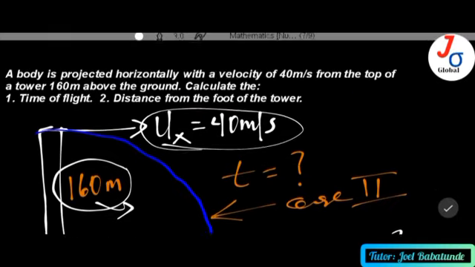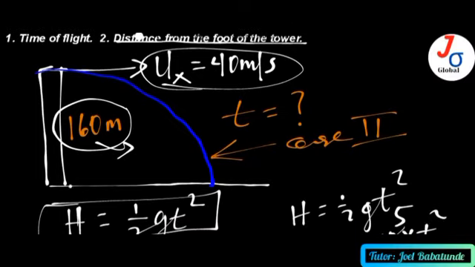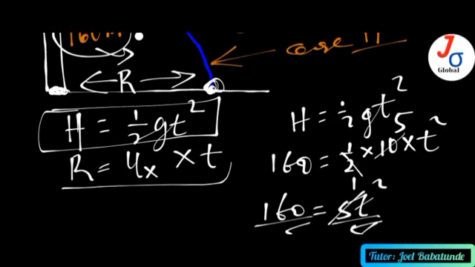Now the second question says you should find the distance from the foot of the tower. So where's the foot of the tower? This is the foot of the tower, and this is where the ball landed on the ground. So that basically asks you to calculate the range. The formula for range is horizontal velocity multiplied by time of flight.